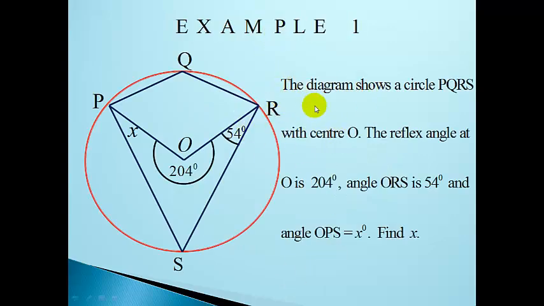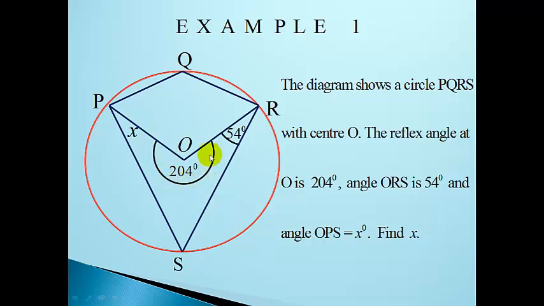Example. The diagram shows a circle PQRS with center O. So the center of the circle is O. The reflex angle at O is 204 degrees, and this is a reflex angle, because a reflex angle is an angle that is greater than 180 degrees but less than 360.